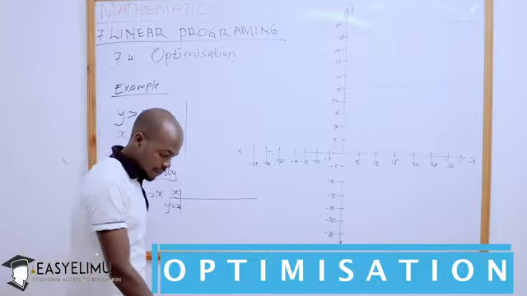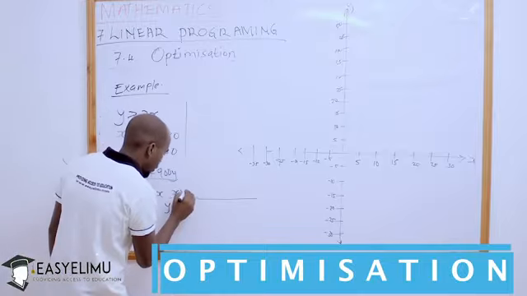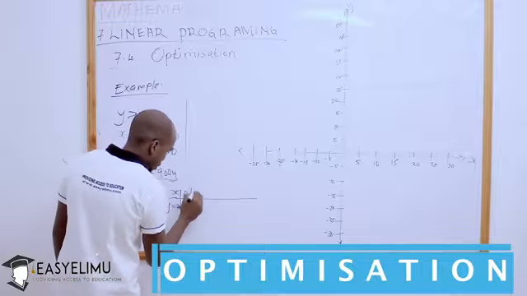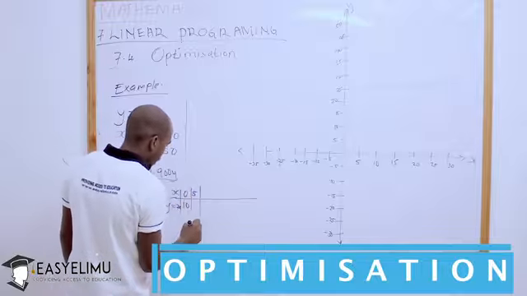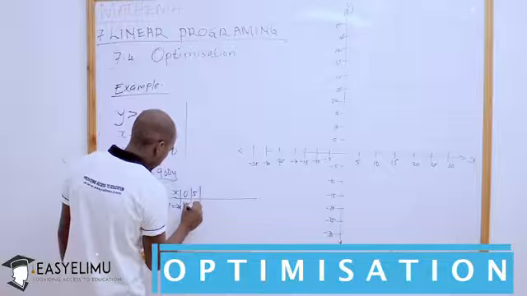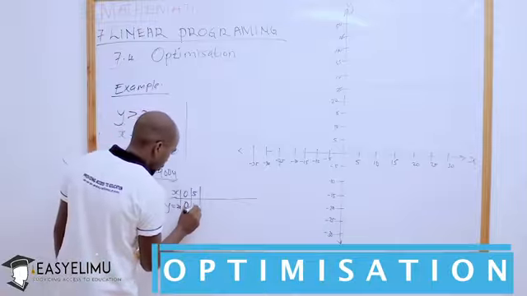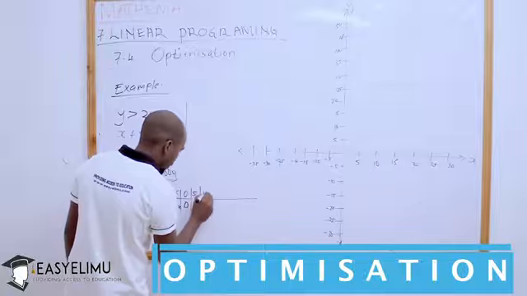That is the simplest way. If x is 0, y will be 0. If x is 5, y will be 10.